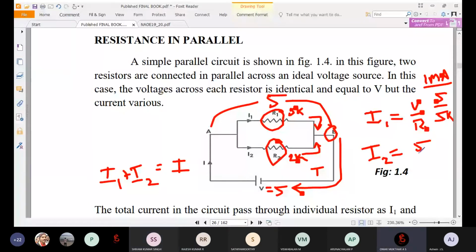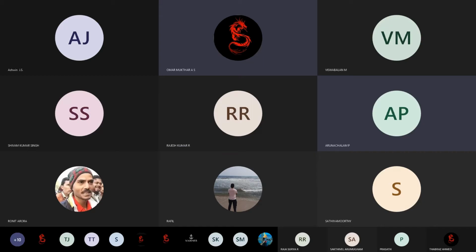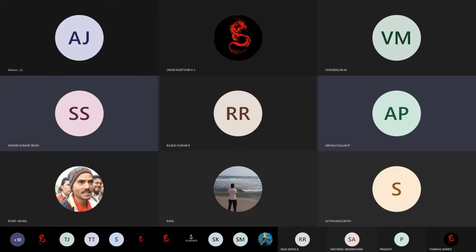1 milliamp and 2.5 milliamps. Students say the slide is not visible. Is it not visible for everyone? No, sir, not visible. Network issue.